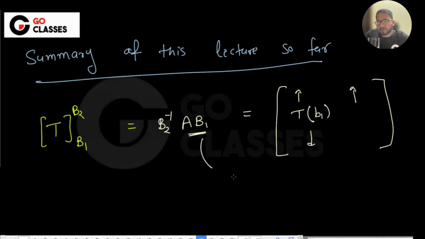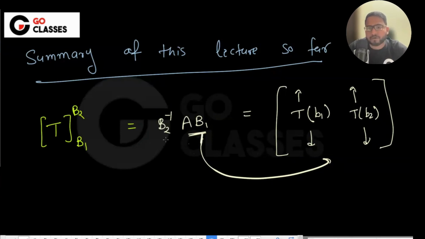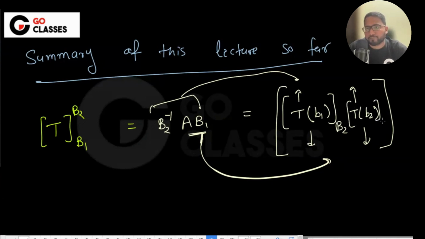So this particular thing and this thing are basically the same. Now this whole thing is the same as this thing, right? You can have it in terms of B2.